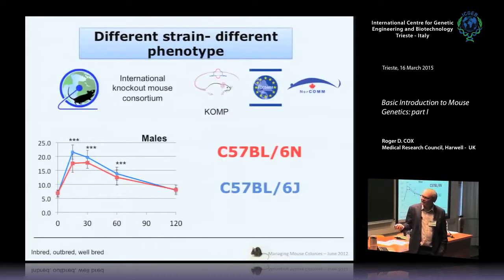I've already told you about the 6J, 6N difference in glucose tolerance, and this is actually data from UConn. And there's a Genome Biology paper comparing 6N and 6J, and this is one of the traits that they found was different.